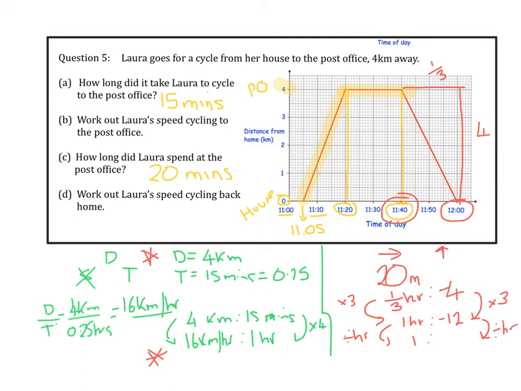I forgot to put my kilometres on, so kilometre there, so it's -12 kilometres per hour, but obviously we don't need the minus, so it's just going to be 12 kilometres per hour.